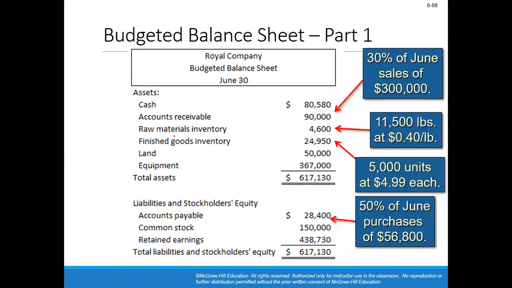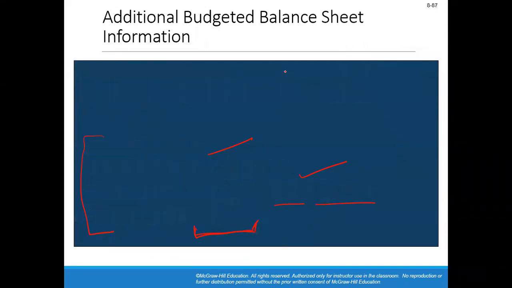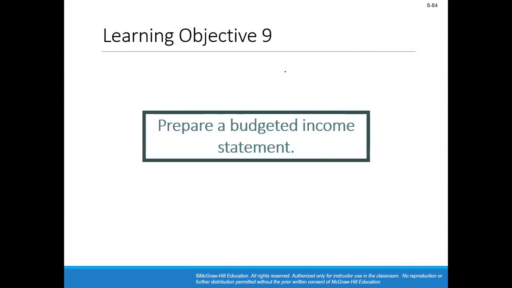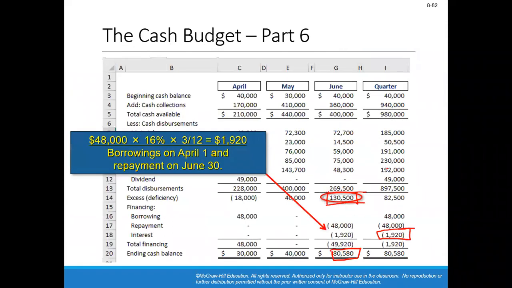This cash balance is coming from where? Can you recall that we just have prepared the cash budget? So from the cash budget, let's check which number it should be here. Which number should be here? The ending cash balance, because we are preparing the balance sheet on the last date of June.